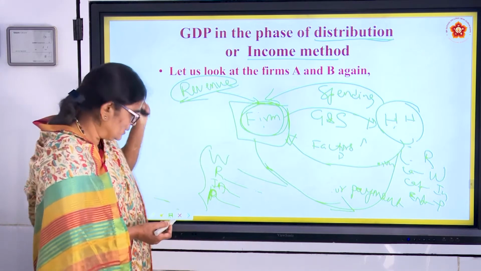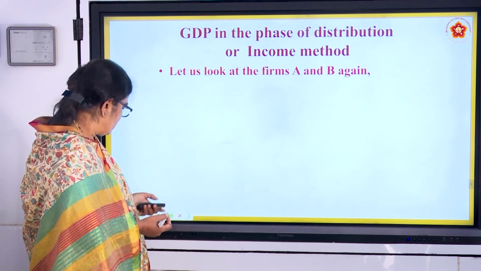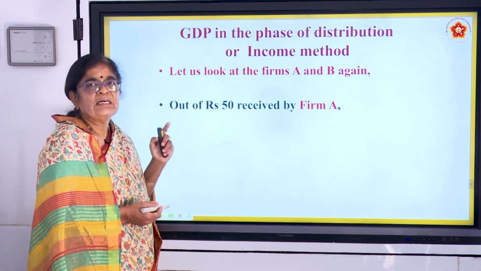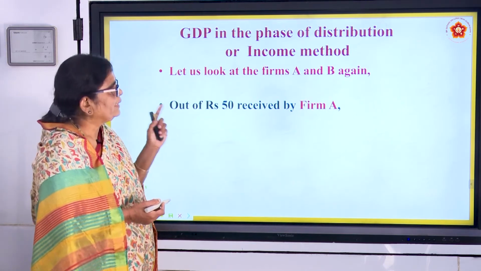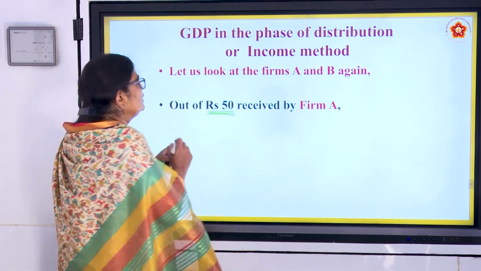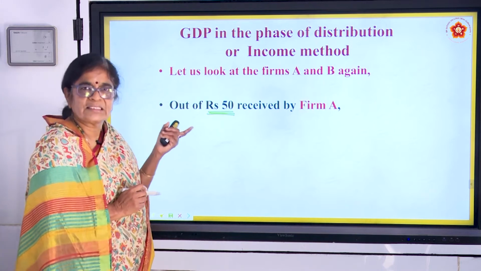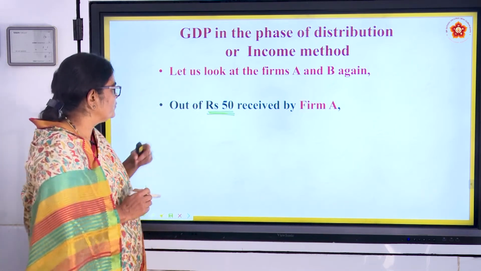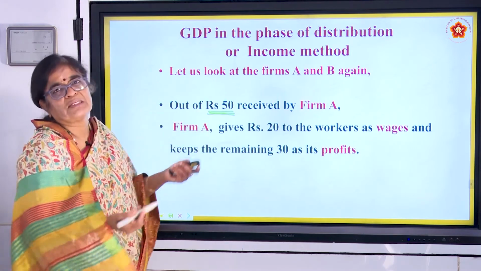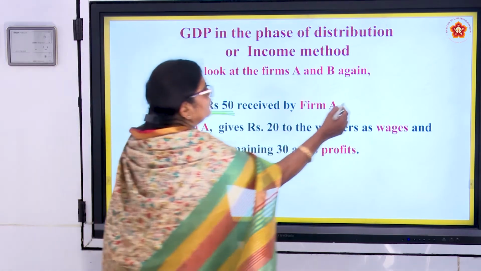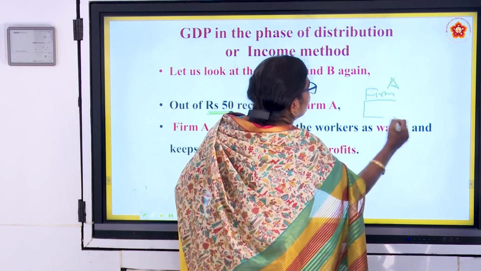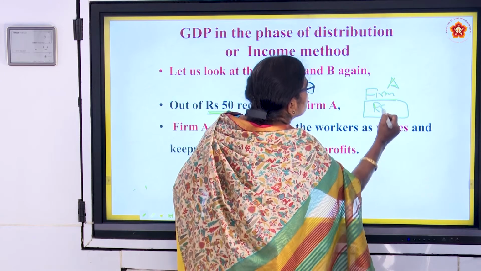I think you have clearly understood. And now what we are going to see is, we are going to assume that firm A earned rupees 50. Firm A's income is rupees 50.